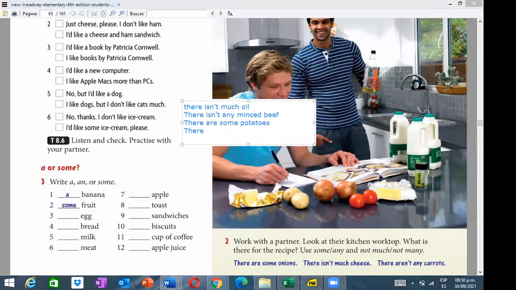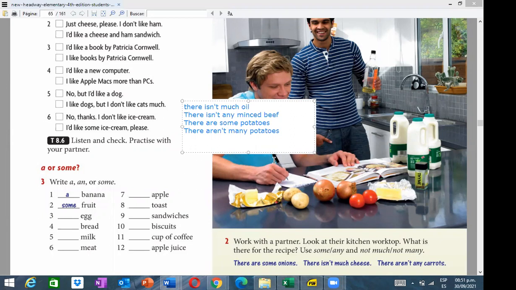Aquí eso nos tenemos que acordar, ¿sí, chicos? ¿Por qué estamos cambiando? Porque many es con lo contable. Ahora much, siempre con lo incontable. ¿Ok? Bien.